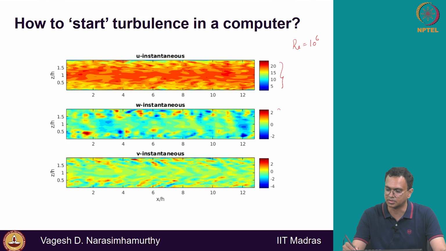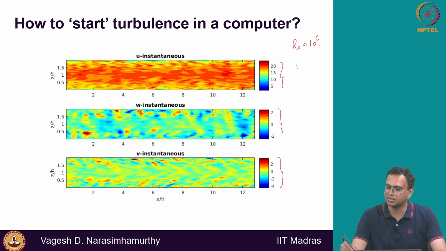Now I see the difference. V and W now are at least about 10%. That looks reasonable to me compared to having 0, right? Turbulence is 3D. So now at least I see something has happened here. The other two flow field components got generated.